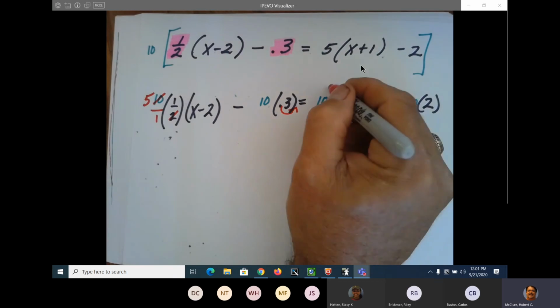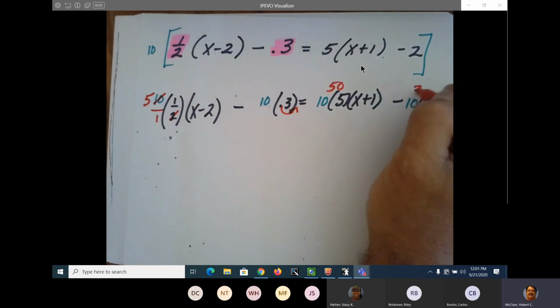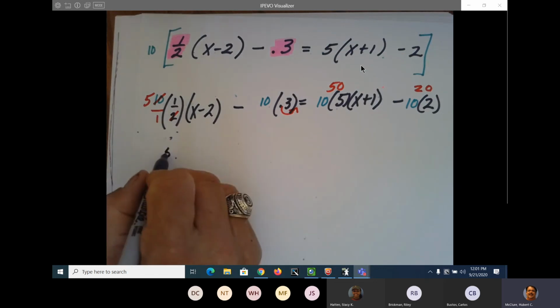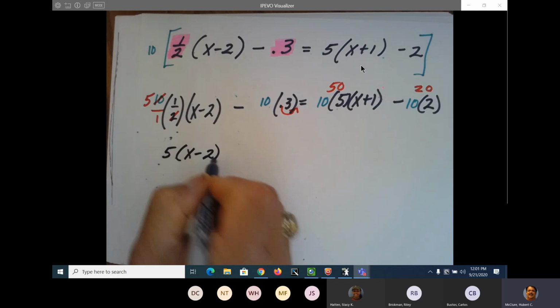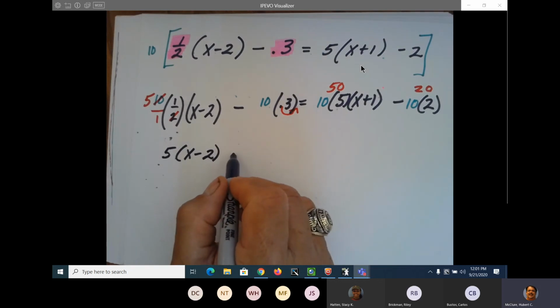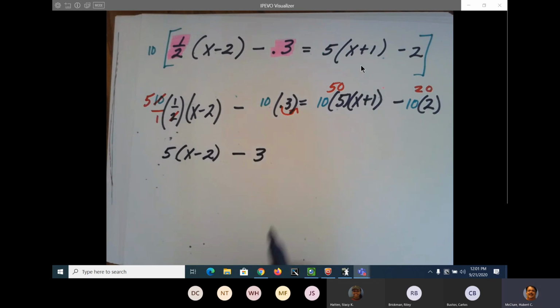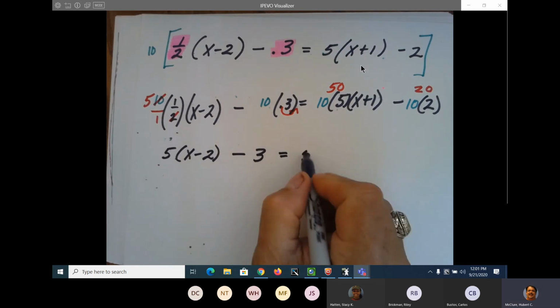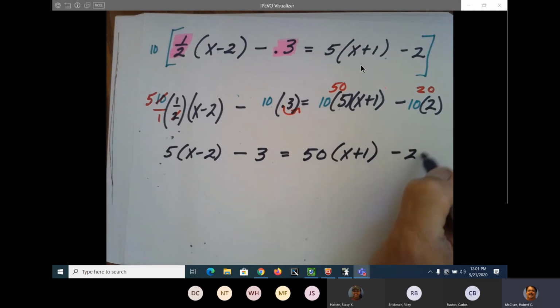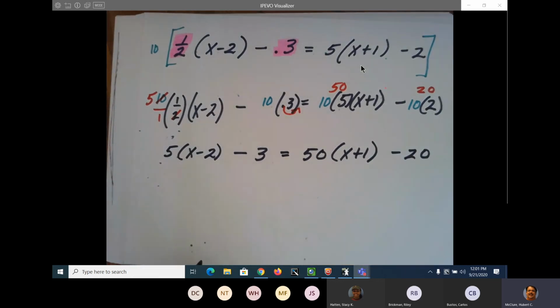This will make 50, and this will make 20. So now rewrite the equation: 5 times (x minus 2) minus 3 is equal to 50 times (x plus 1) minus 20. And now you have a 4 or 5 problem instead of a 10 problem.